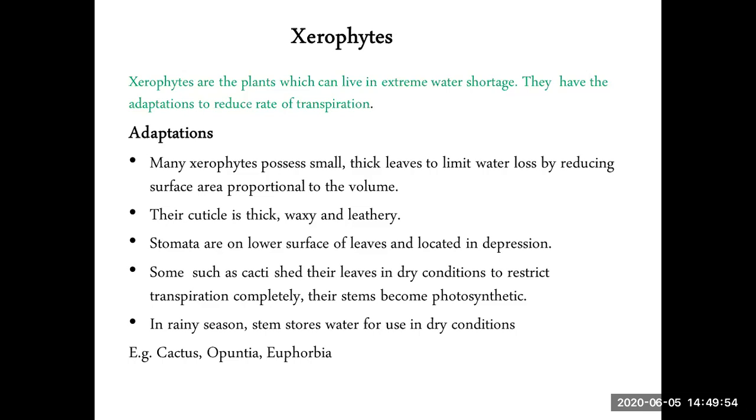And their water storing structures are called succulent. And such plants are also called succulents. Succulents are the plants of dry condition which store their water in stem or even in the leaves.